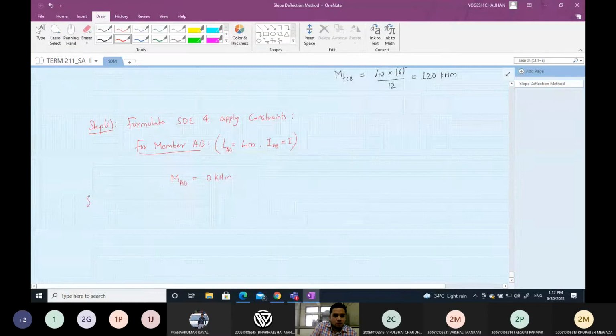Okay, we are using the modified slope deflection equation for a propped cantilever.